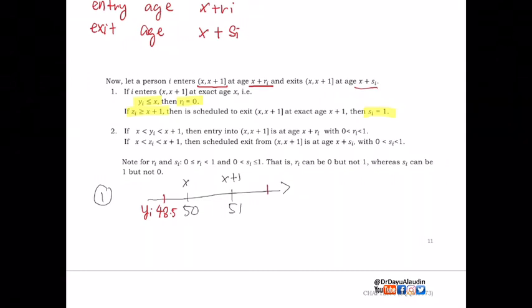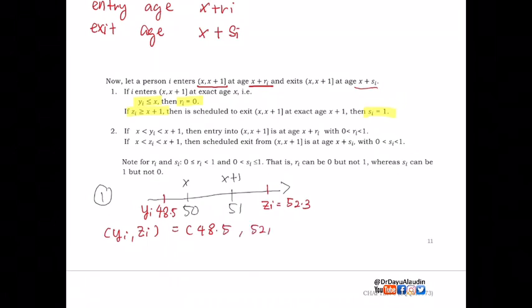Let's say zi is 52.3. So yi and zi are 48.5 and 52.3 for the interval estimate 50 and 51. This is the interval estimate and this is yi and zi.